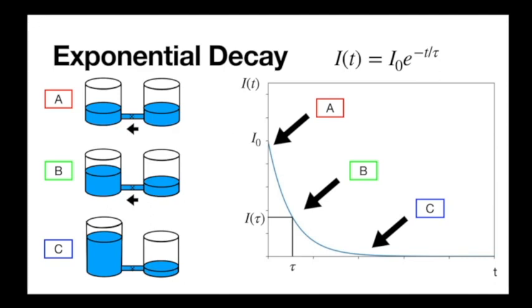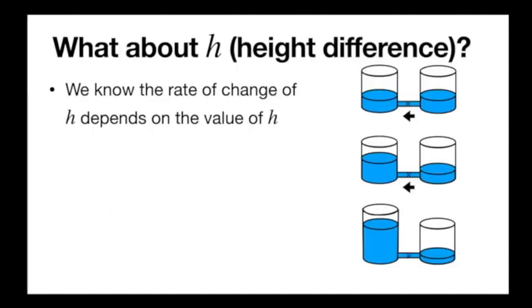So I'll ask a question that kind of leads toward that. Still looking at this scenario, but what if instead of plotting the current over time, I wanted to plot the height difference? Now height difference does not do what we just saw. What we just saw started at some value and decayed away to 0.